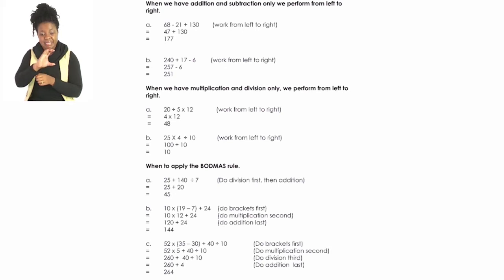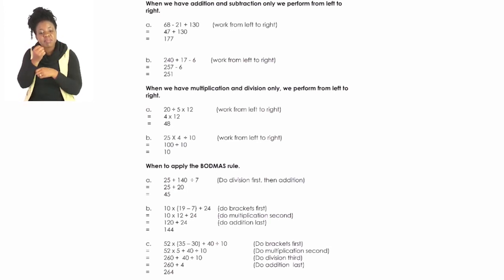Let's see number C. 52 times in brackets 35 minus 30 close brackets plus 40 divided by 10. So according to BODMAS, we check, do we have any brackets?